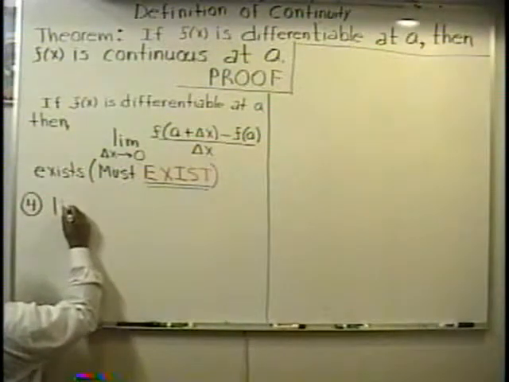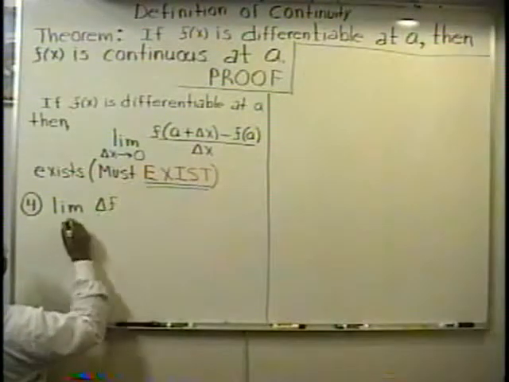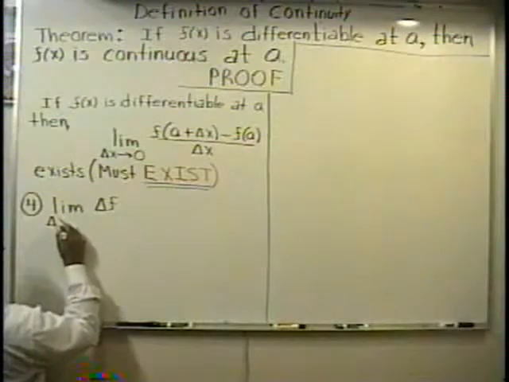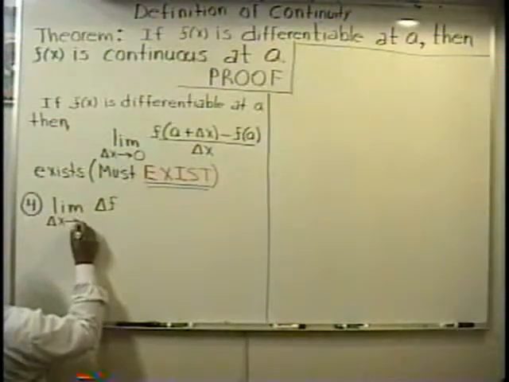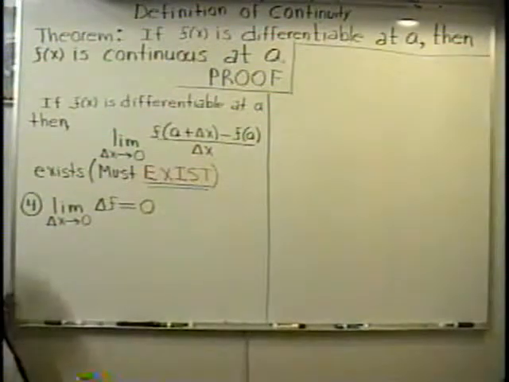The limit of delta f as delta x approaches 0 is equal to 0. Now we just saw that we know what delta f is equal to.